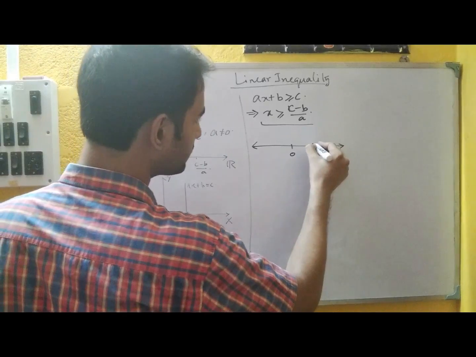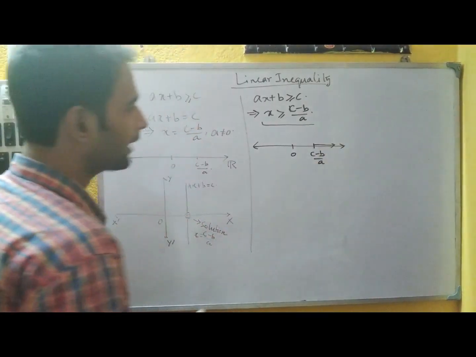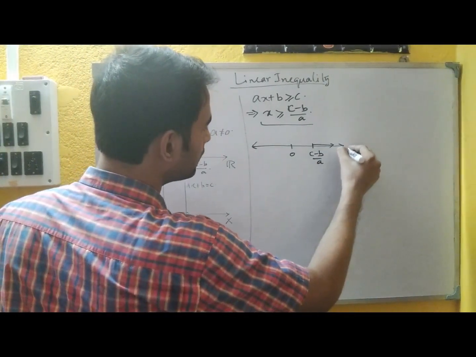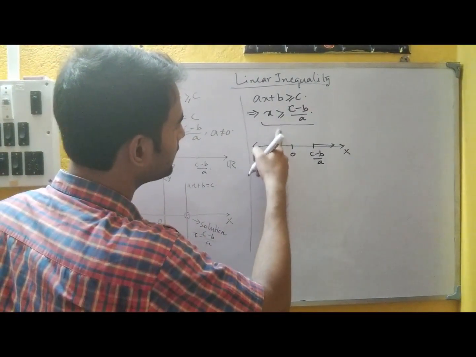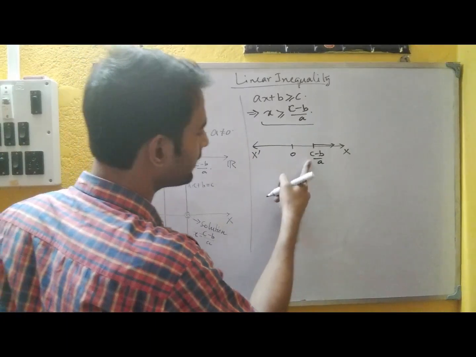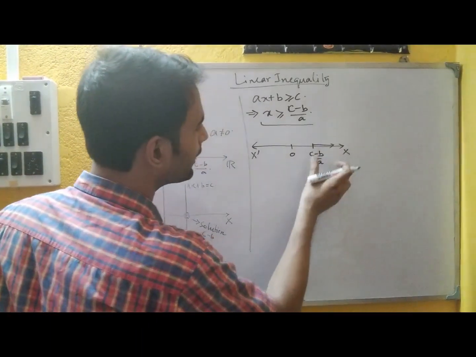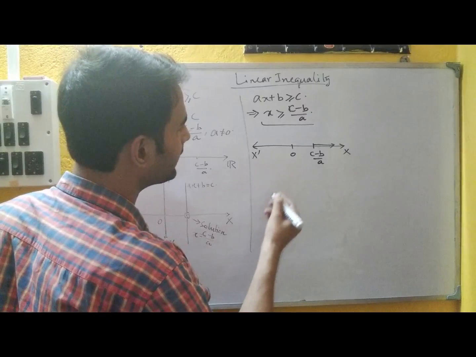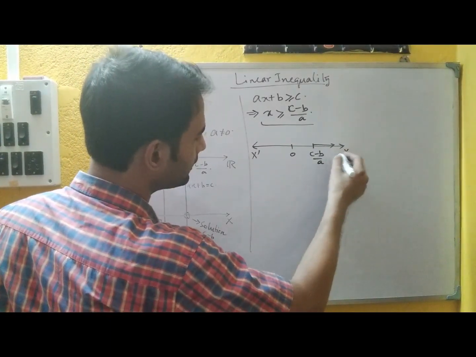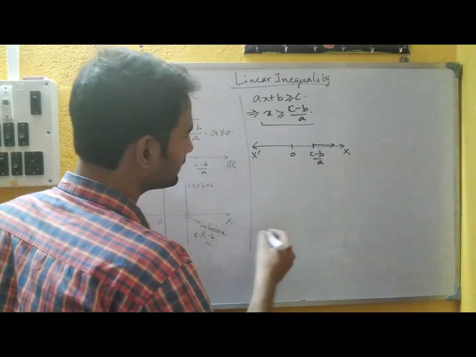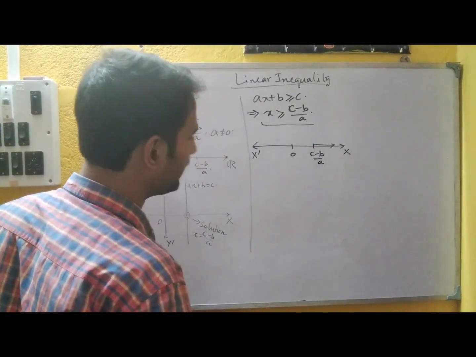That means all the x which are lying to the right of this point. So according to this, the solutions for this inequality are no more only a single point. It is a collection of points, or we can say it is a set that gives this part of the real line. This is the right side of the point c minus b by a.